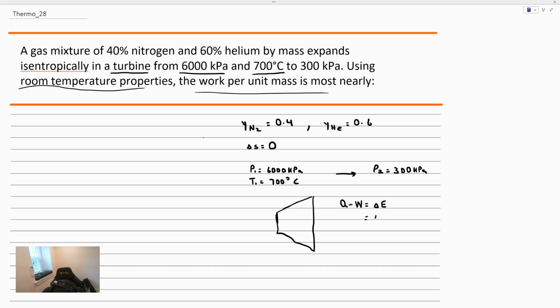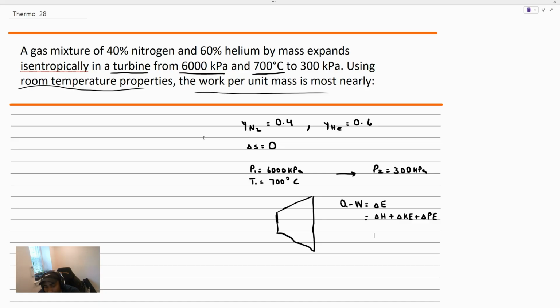But for an open system, we have the change in enthalpy plus the change in kinetic energy plus the change in potential energy that replaces that change in energy. Now, the difference between an open and closed system is just that instead of enthalpy here, we'd use internal energy. But we have an open system here, so it's enthalpy.